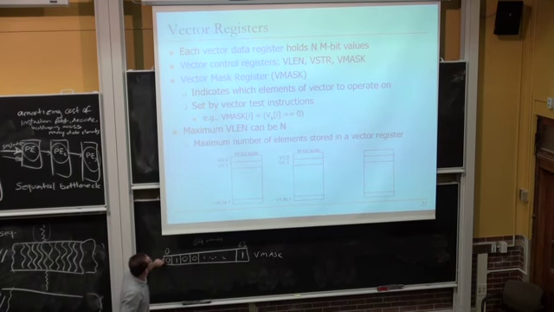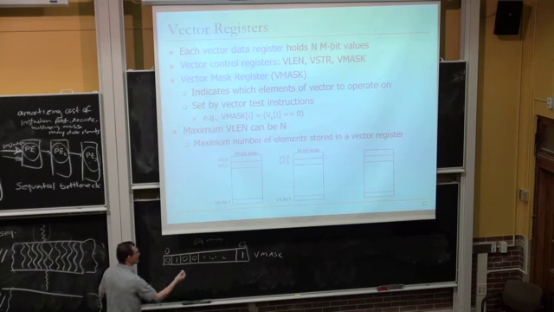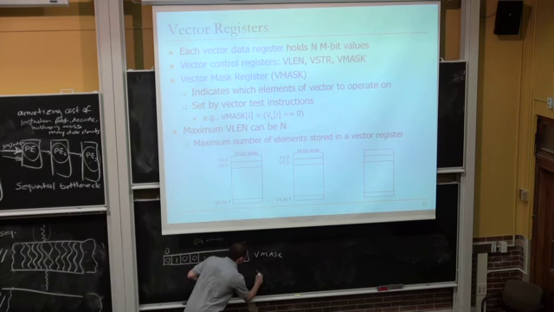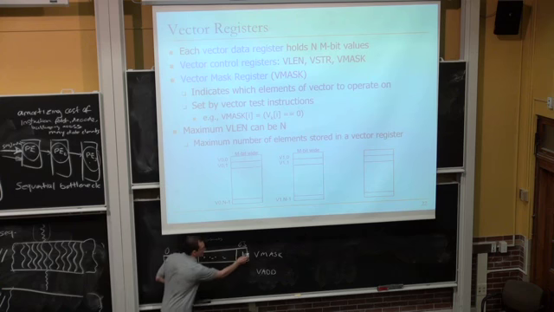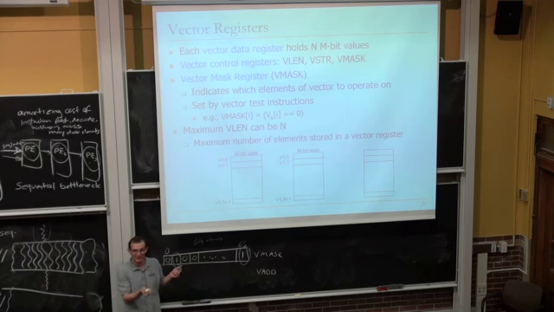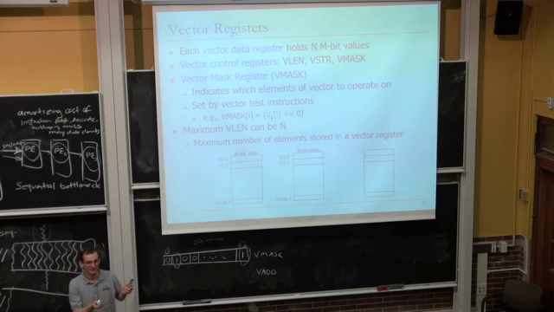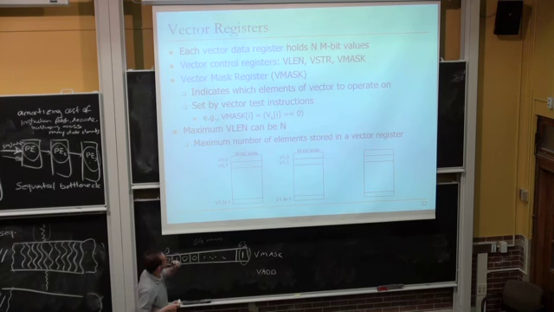Now, when you actually execute the next operation, let's say you do a vector add on a register, this vector add takes effect only if the mask bit is set. For all the other elements, the vector add does nothing. In a sense, it's a predicated operation, right? Does that make sense? So this way you can implement branching, and we will see an example of the code on how to do this.